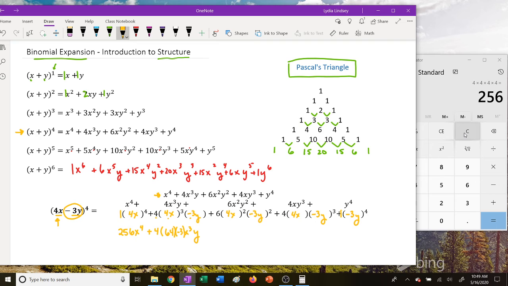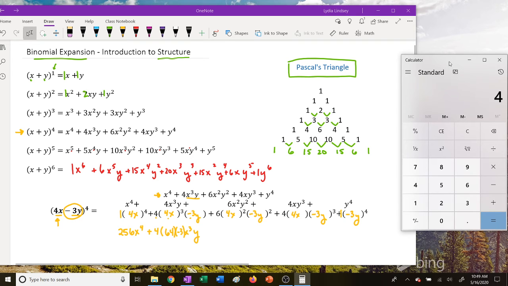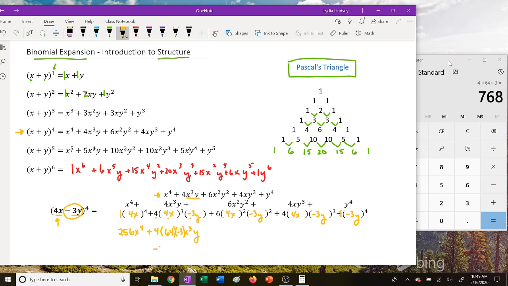And then I'm going to see that x cubed y, which I expect, because see how they have the x cubed y there? That's going to be in that second term. So back over here, I'm going to have 4 times 64 times a -3 is going to give me a -768 x cubed y.